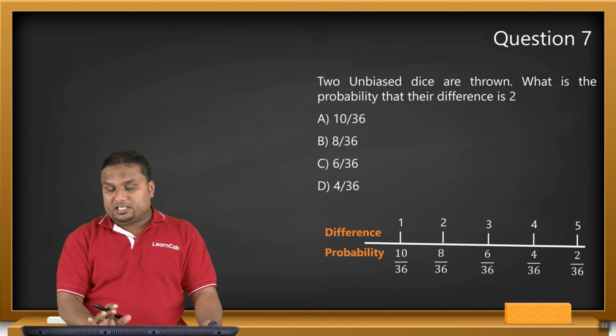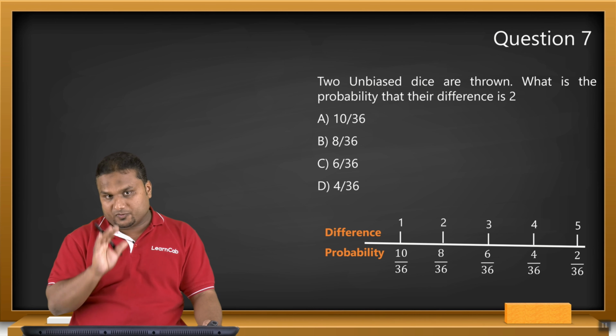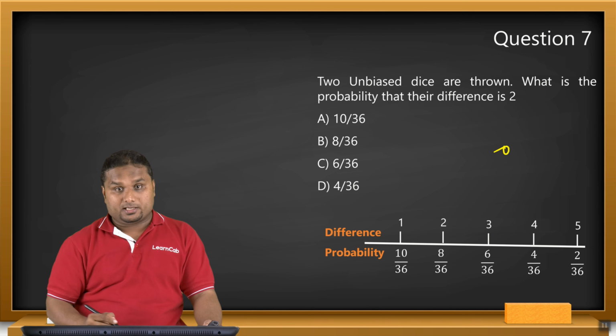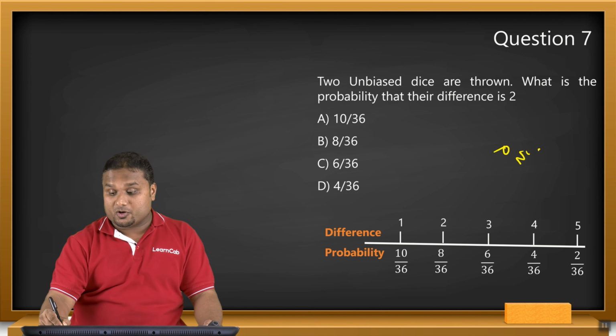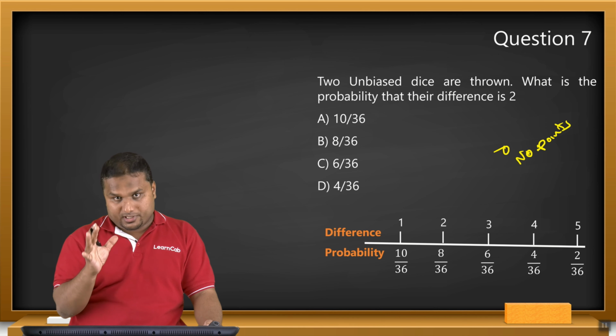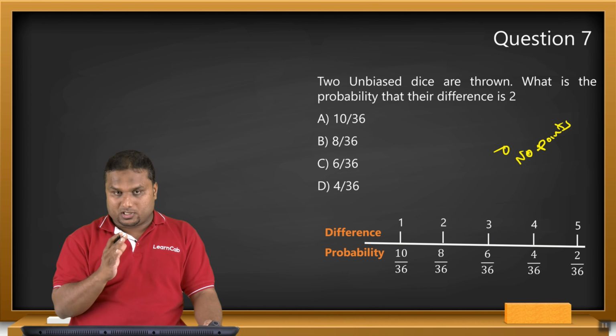Apart from these 5 questions, there is one more question from the topic called difference, that is difference of 0 point. In your exam they are asking difference of no point, or difference of no point means both the dice are showing the same number, that is 1 and 1, 1 minus 1, the difference is 0.